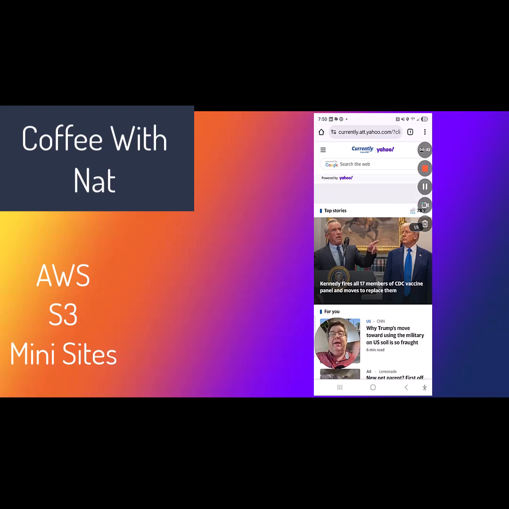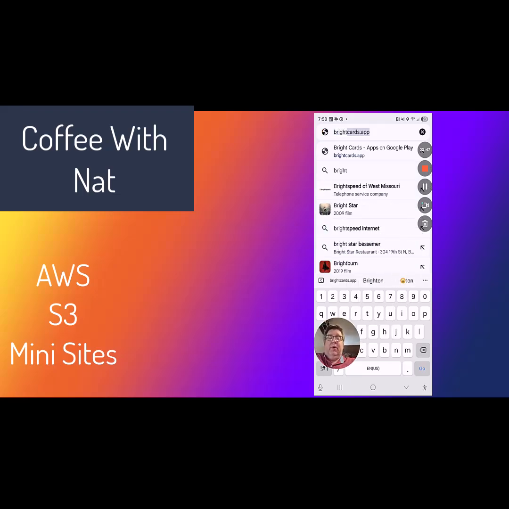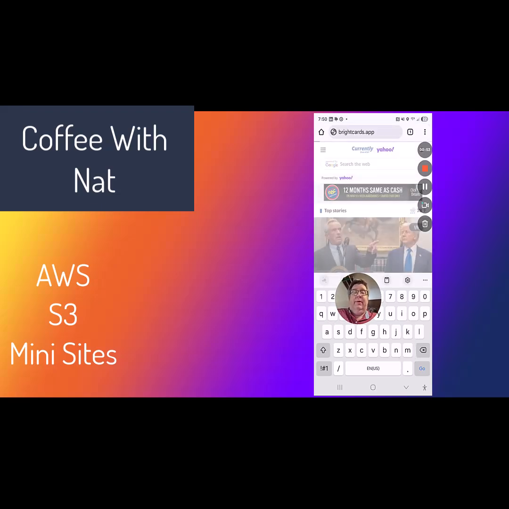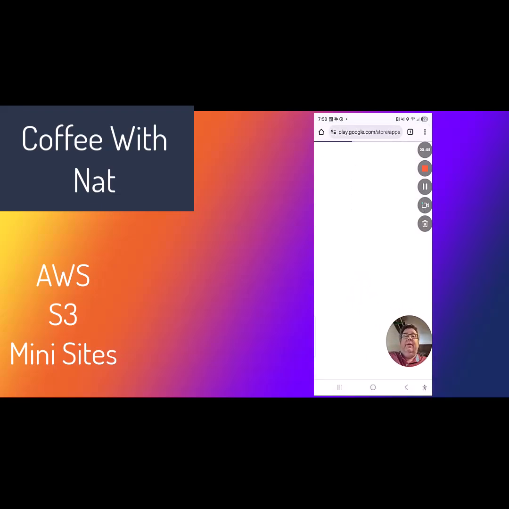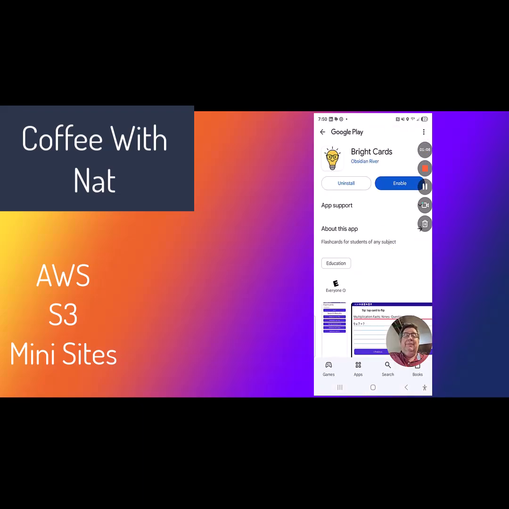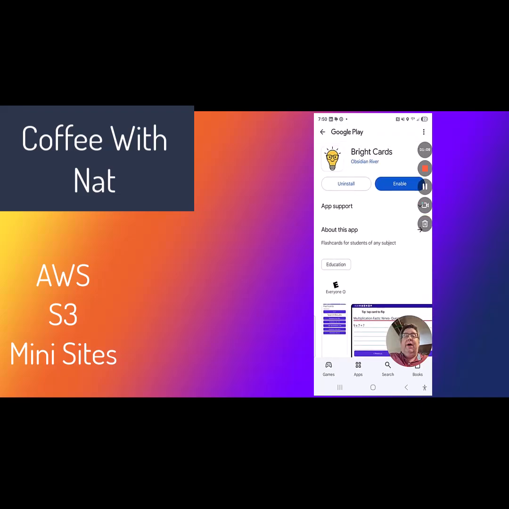I'm on my Android phone, so if I go to brightcards.app, it redirects me directly to the App Store where my app is available for install. I've already got it installed, so it's good to go.